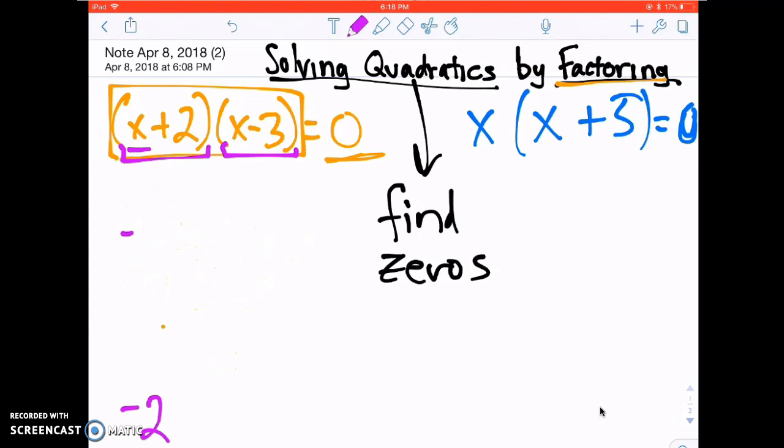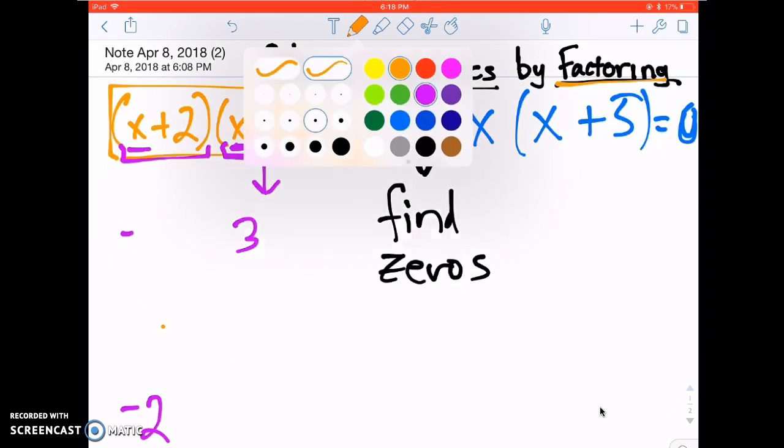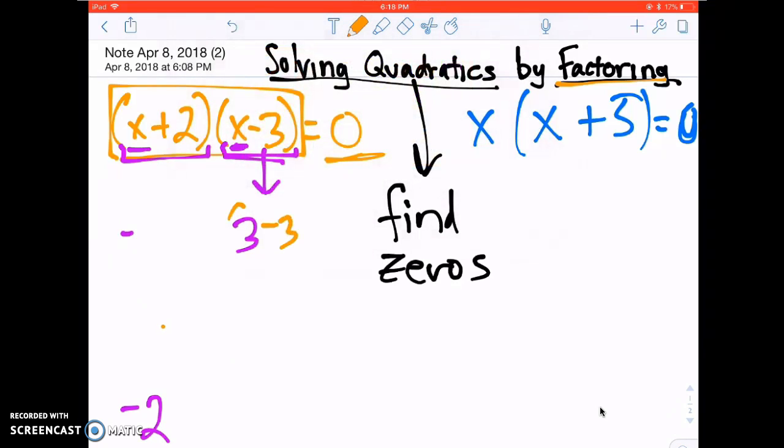Now, we could also say, let's just make this side 0. What can we plug in for x over here to make this parentheses 0? What minus 3 equals 0? Doing a little quick mental math, if we plugged in a positive 3 here, 3 minus 3 is 0, right?